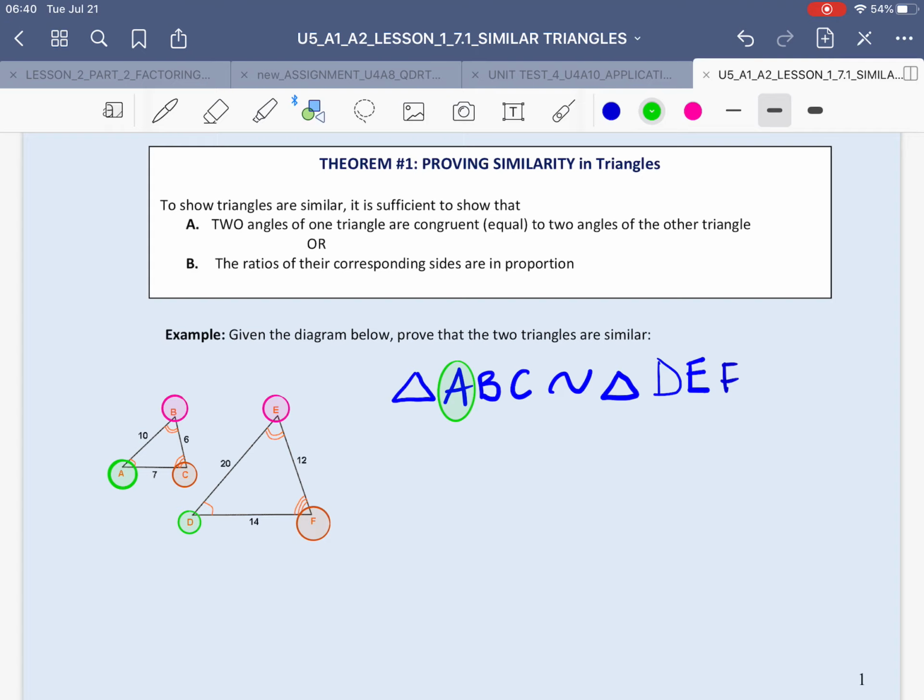It makes it a lot easier for us to prove the similarity or to write the ratios of the similar triangles. And this is the order we follow.